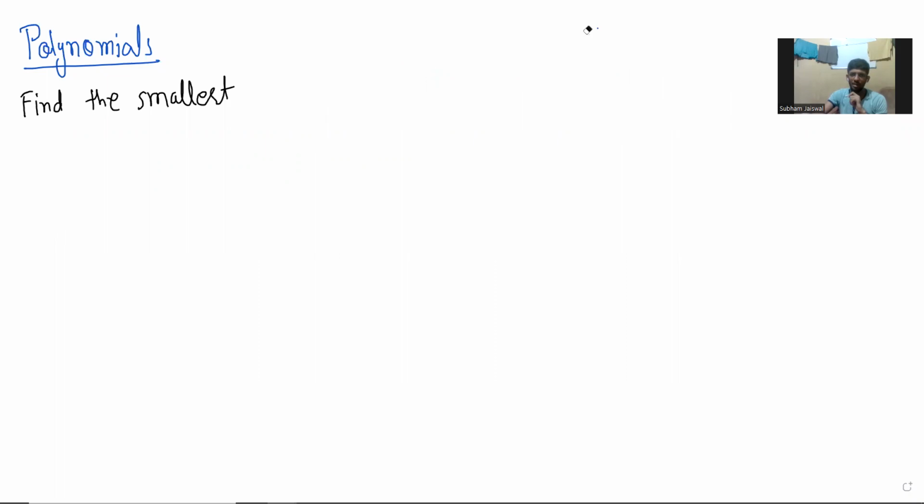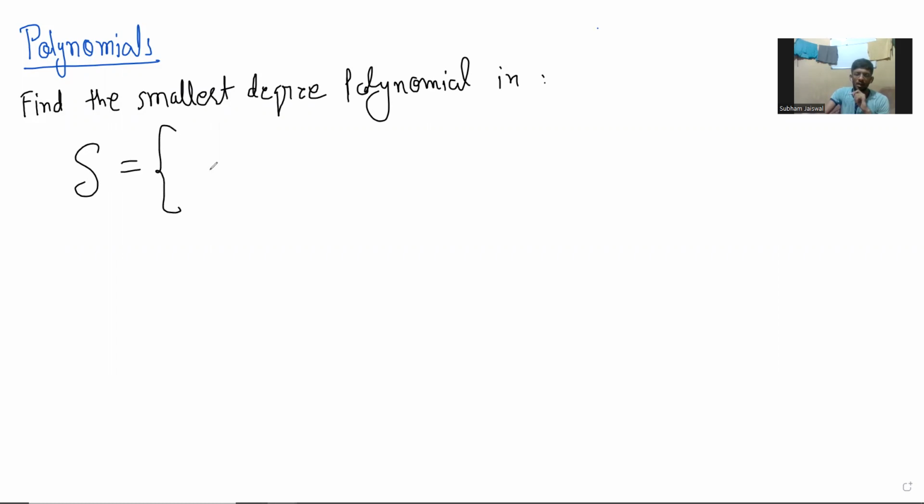Find the smallest degree polynomial in, so we can take anything, but one must take it carefully, maybe x minus 1 times f(x).